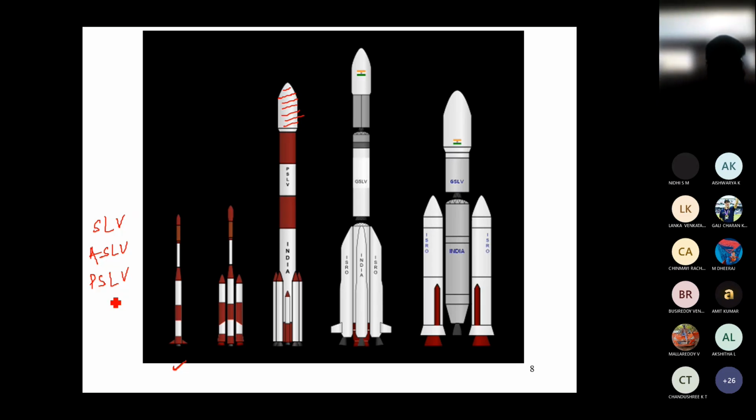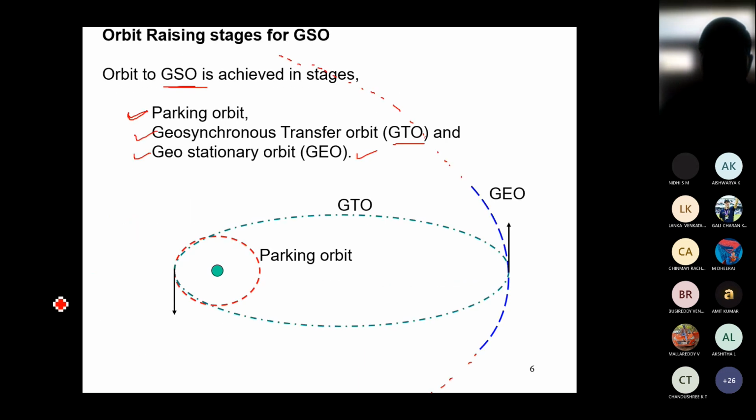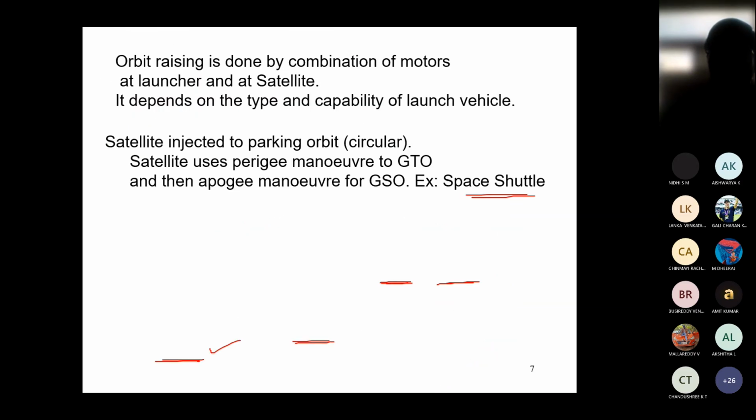Okay, so that additional velocity the rocket is gaining is required for change in the satellite orbit. As I had shown here, when the satellite is changing from parking orbit to GT orbit, there is a change in velocity. Similarly, when there is a change of orbit from GTO to GEO, there is a change in velocity. So that additional velocity comes from where? It comes from all the parts which are removed from the rocket.